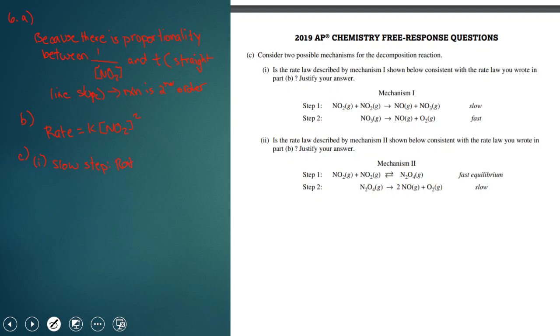So for our slow step, our rate is equal to, again, K times NO2 concentration times NO2 concentration, which is equal to K times NO2 squared. Matches with original. So it is consistent.